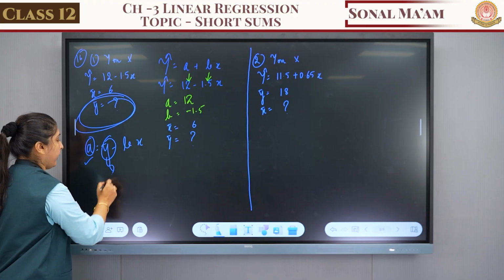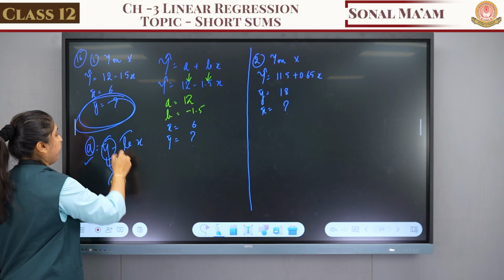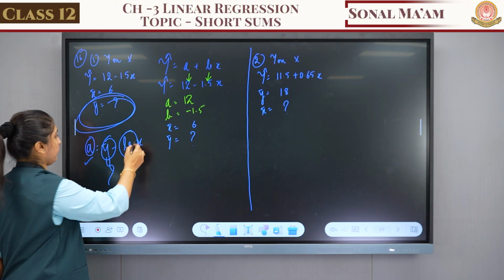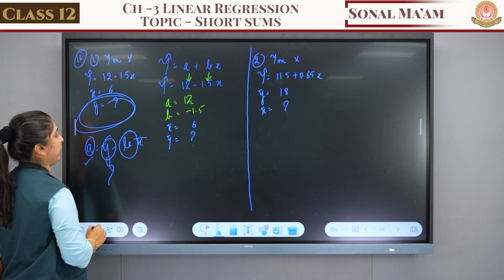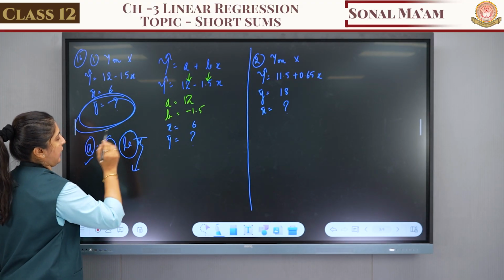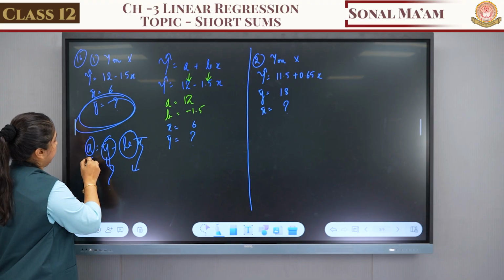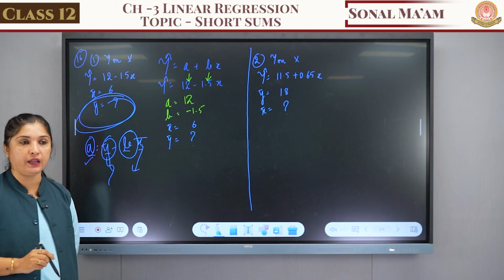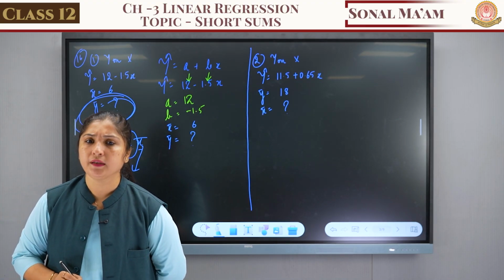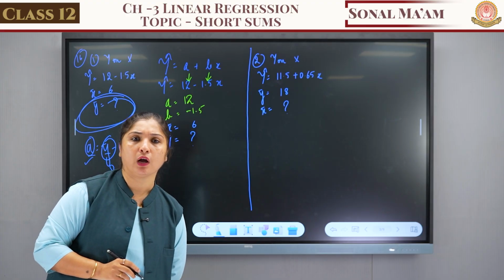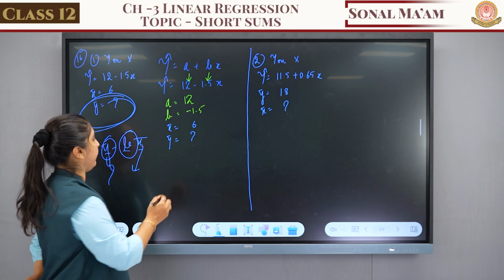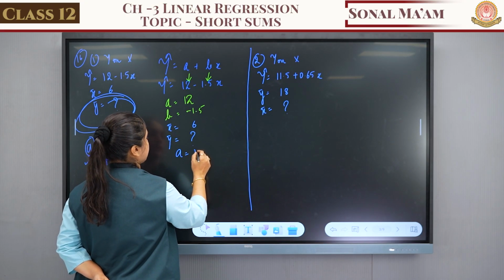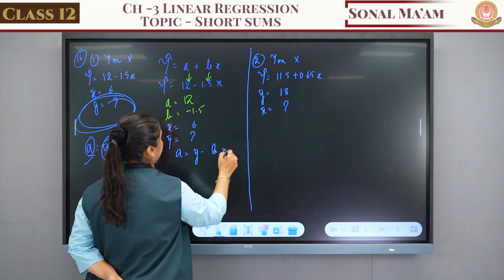We have to find y bar, that is one missing figure. If we need 4 figures and 3 are already given, can't we find one? Yes, of course, one missing figure can be found. That's why we are applying the formula of a, that is y bar minus b x bar.